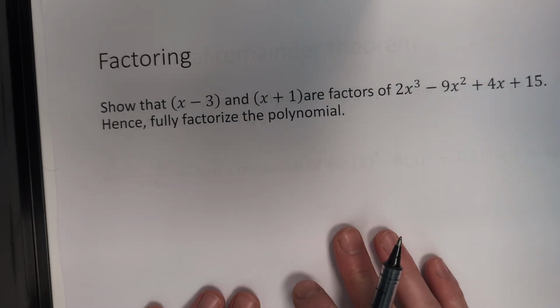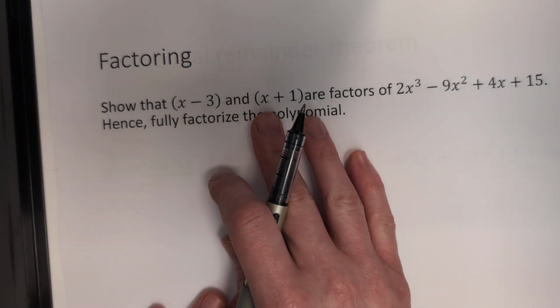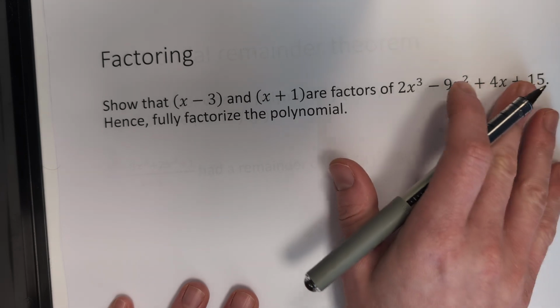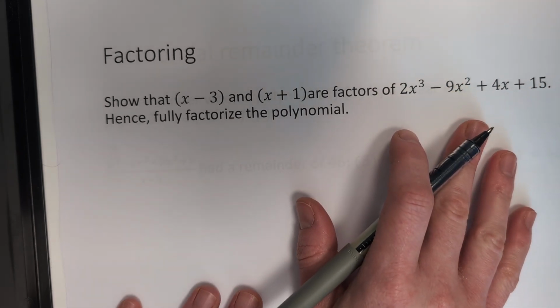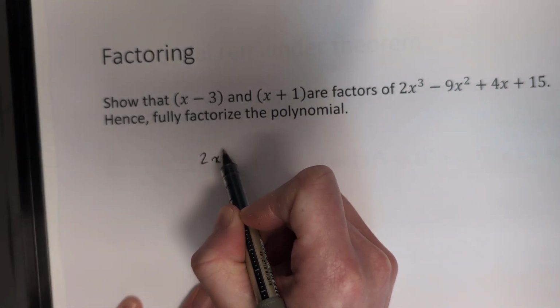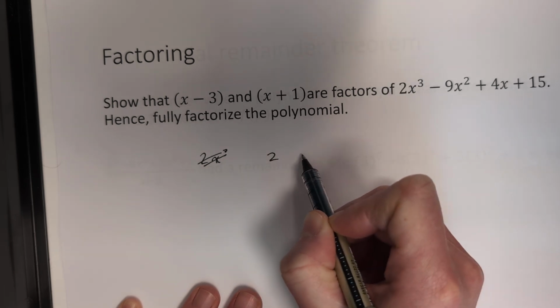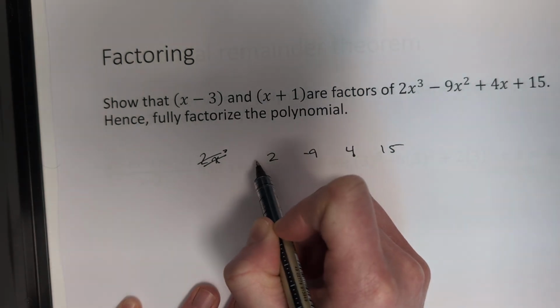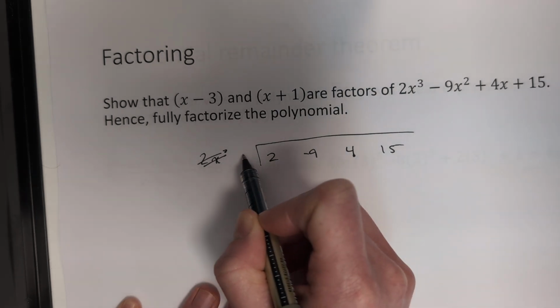So 1 or 2 more things here. Show that these two terms are factors of this polynomial, and then we're going to fully factorize it. Up until now, we've only looked at factoring quadratics. 2x cubed, oops, I only want to write the coefficients. And 15, it doesn't matter which we start with. I'll do the 3 first.